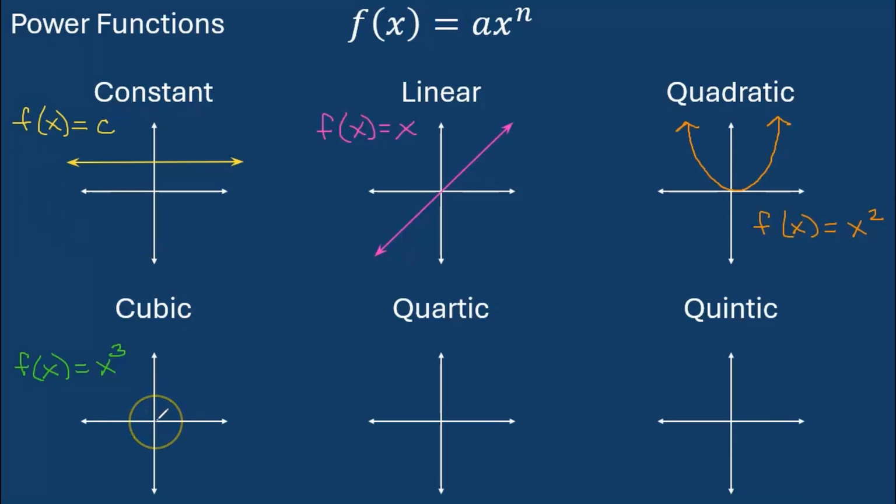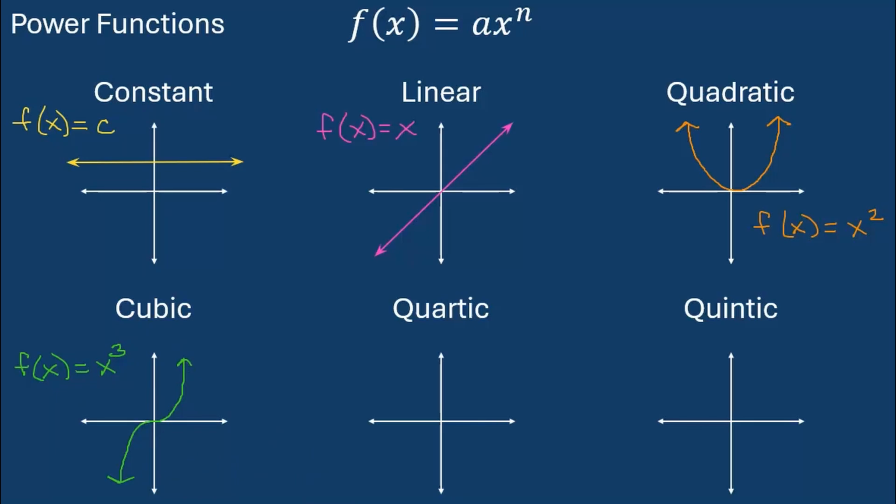Half of a cubic function, the positive half in the first quadrant, looks exactly the same. But the other half, because it's cubed, is able to be rotated about the origin. It's basically the other side of a quadratic flipped upside down. That's the shape of a cubic function.